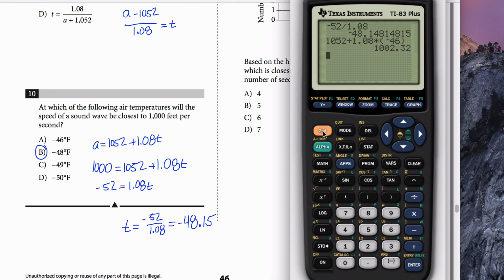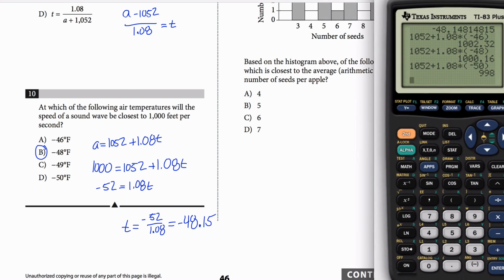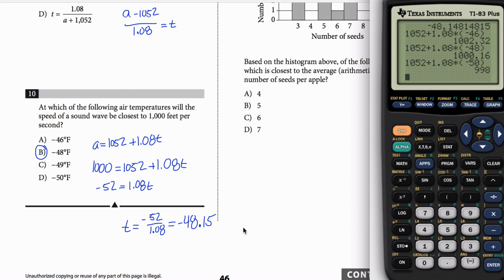You could type the whole thing back again, but if you happen to have one of these TIs, you can hit second and then enter, and that pulls up the last line that you had, and then you can edit it and just change this to a 48. And note that this number is even closer to 1,000. And if you do that for the next one, you'll be like, oh, that number is not quite as close to 1,000 as this one was, and you do that for the next one, and you'll see that the closest is B here. As far as time, I don't know. I kind of think it's quicker to just go through it algebraically than to kind of guess and check plugging these all in. But I guess I'll leave that up to you.